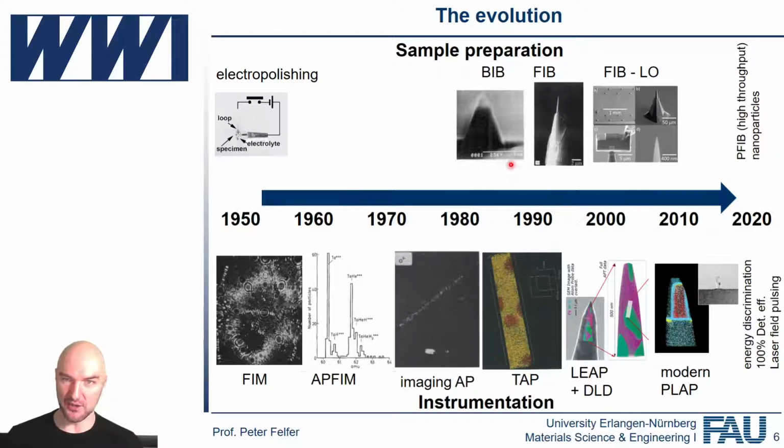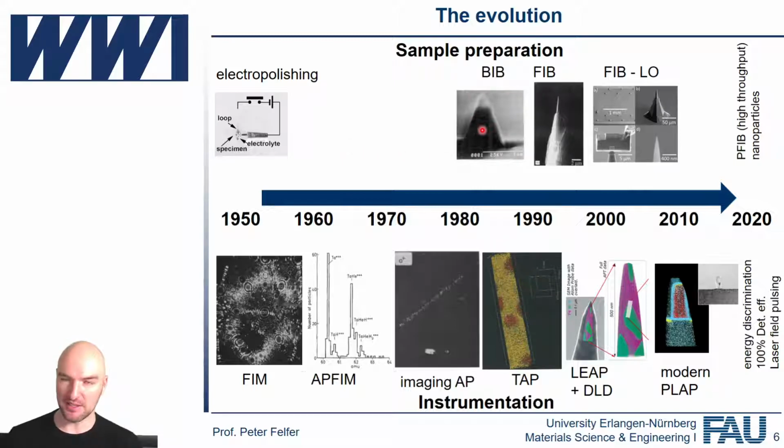Then later on, of course, at that point it was already clear that a lot of samples that are really interesting, you can't just make by electropolishing. Here with precipitates you can, but for a lot of samples that's not possible. So sample preparation needed to catch up. The first idea to use something that can make atomically sharp tips that's not bound to being electropolishable was using broad ion beams.